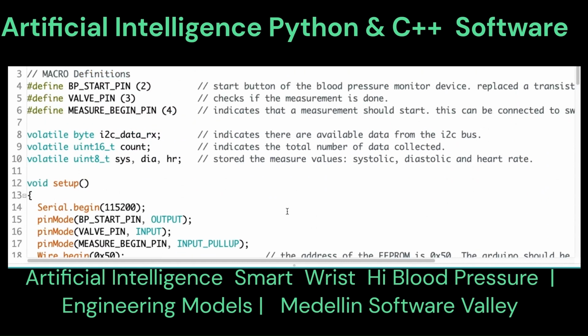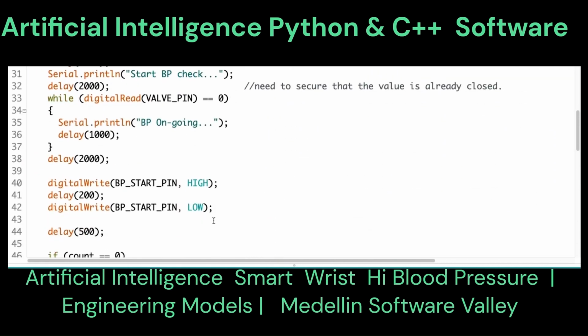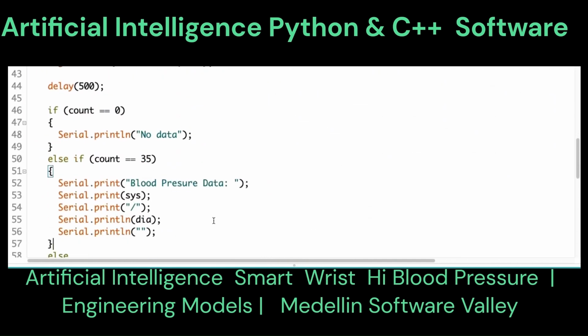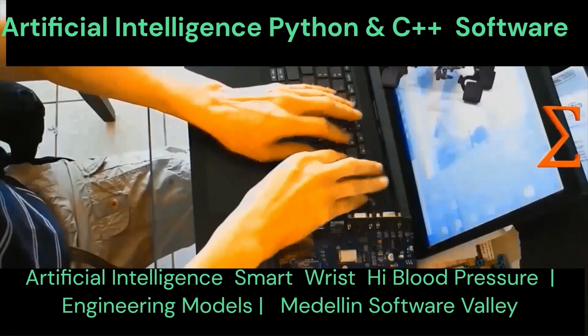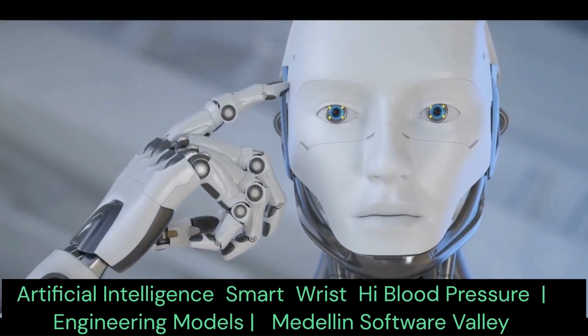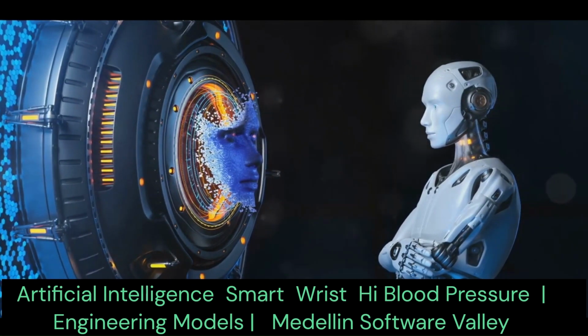It contains the start button of the blood pressure unit, the BP unit. Also, it will define and set pins for the start pin and the begin measure pin of the blood pressure unit.